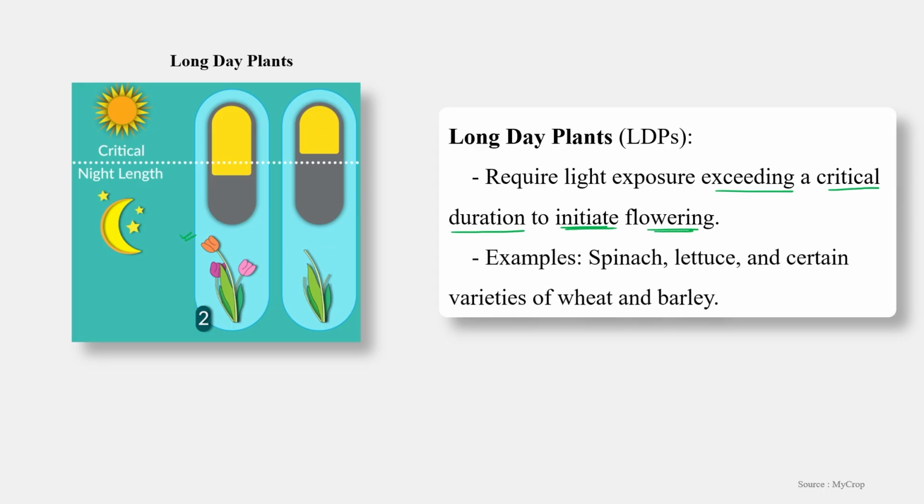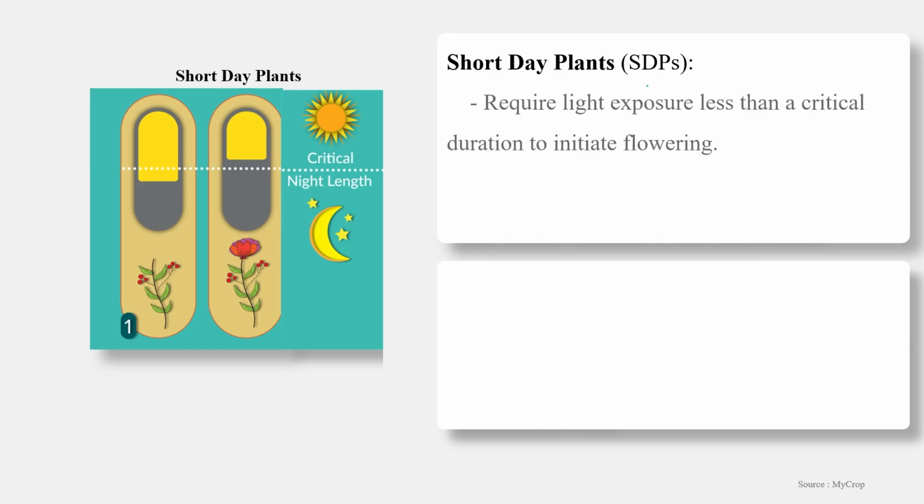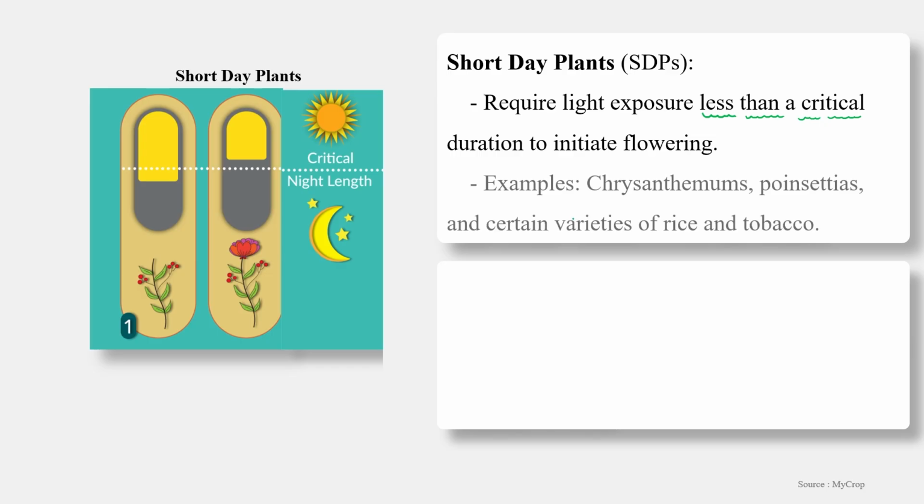Okay, and what are the examples which come under the long day plant category? Spinach, lentils, and certain varieties of wheat and barley come under the long day plant category. Some come under the short day plant category. Short day plants require light exposure less than a critical duration to initiate flowering.